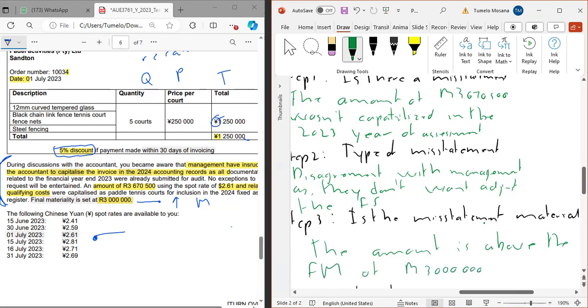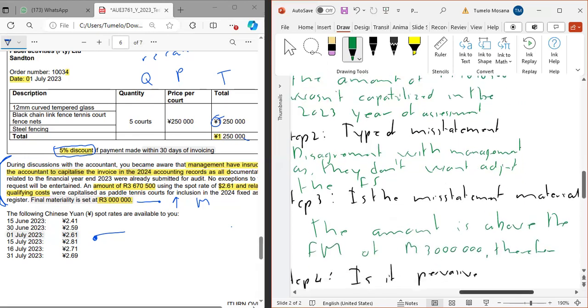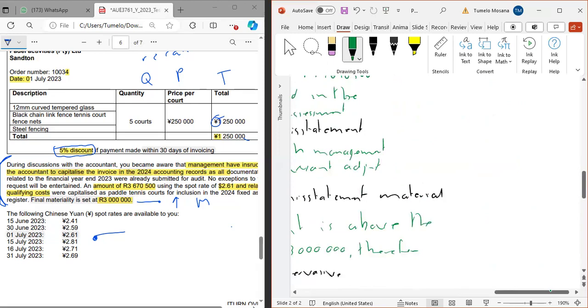So therefore it is material. Therefore it is quantitatively material as it relates to an amount.